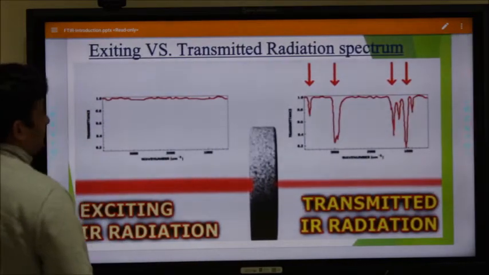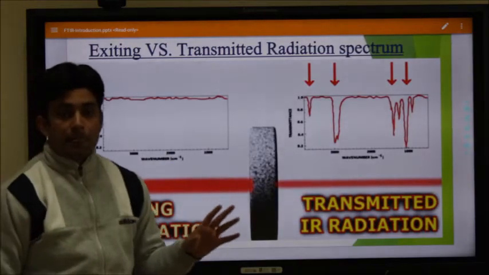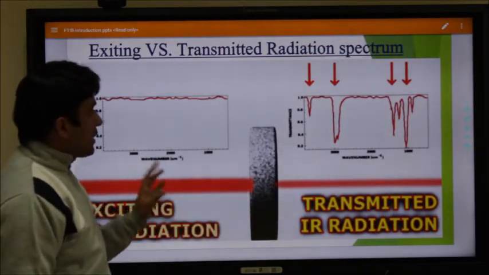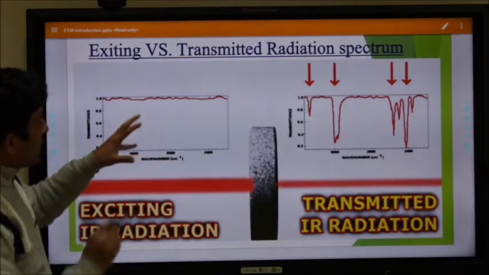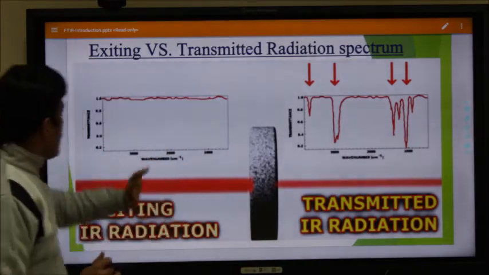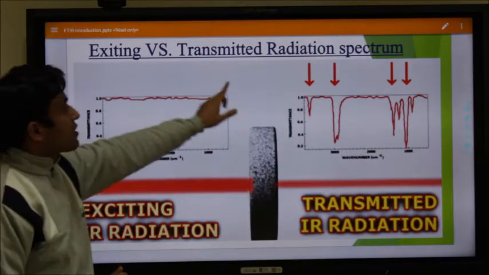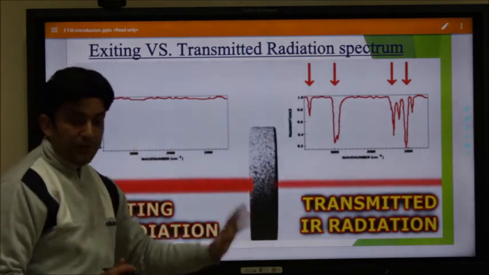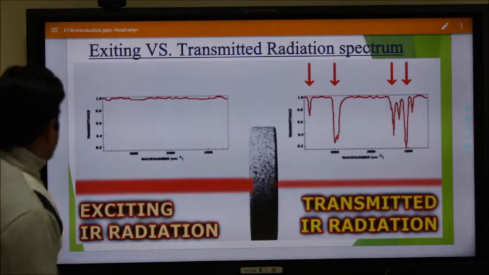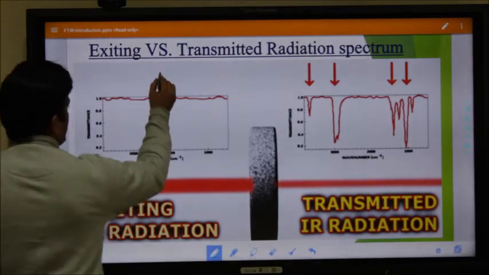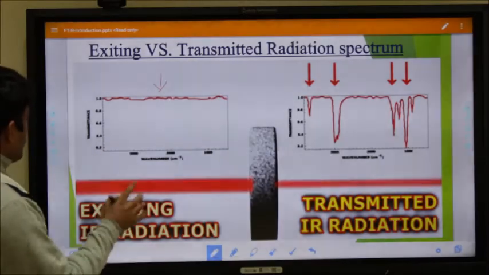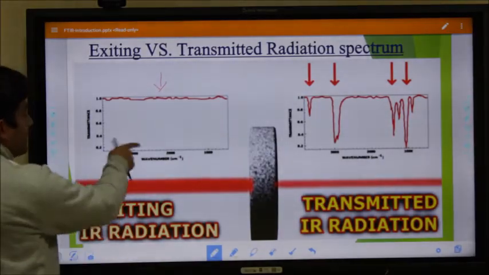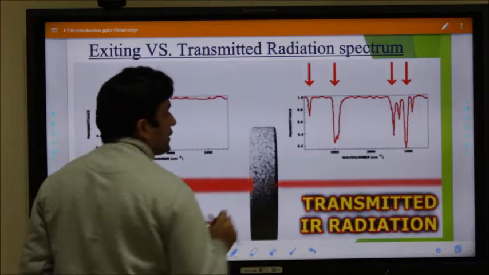Now this is a very important slide. Observe it carefully. I am showing you the radiation spectrum of exciting versus transmitted radiation. In the first diagram, it is showing the radiation spectrum of exciting radiation, and this one is showing transmitted radiation.